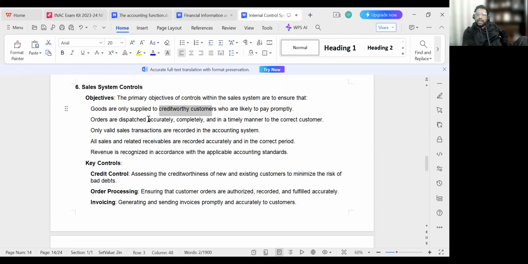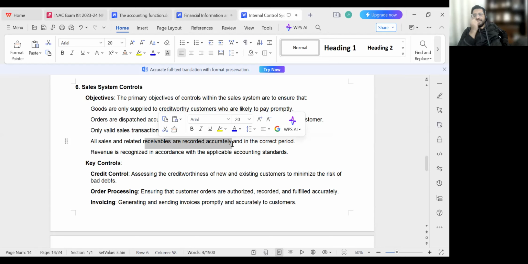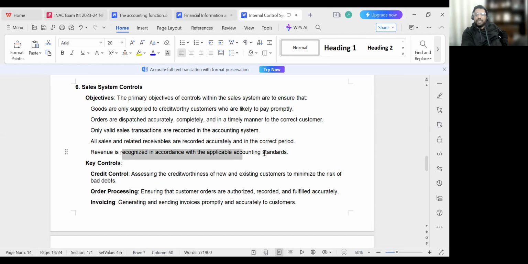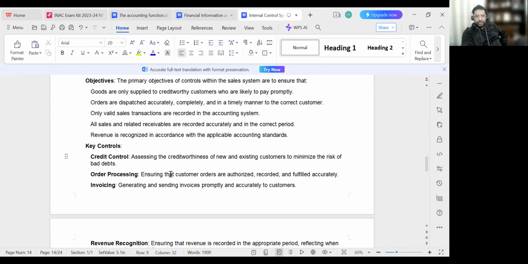Orders are dispatched accurately, completely, and in a timely manner, and only valid sales transactions are recorded in the accounting systems, and all sales-related receivables are recorded accurately. You don't want to record any fictitious receivables, right? And revenue is recognized in accordance with applicable accounting standards. So these are the prime objectives of the control system.